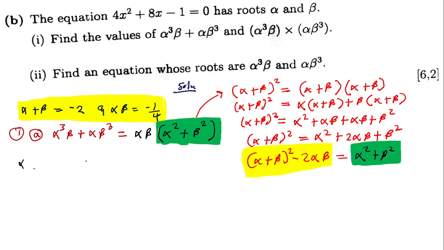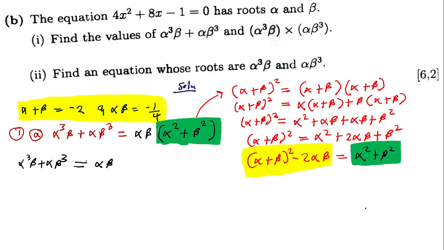The first thing we have, it is what? It is alpha beta. So we'll put alpha beta and then open bracket, what is in yellow will replace what is in green.